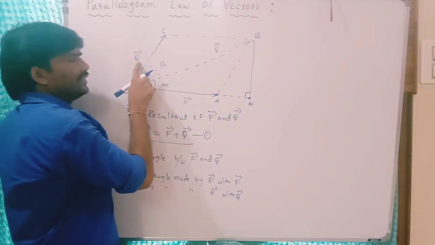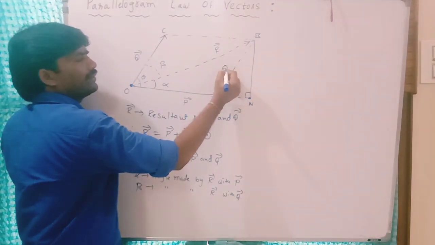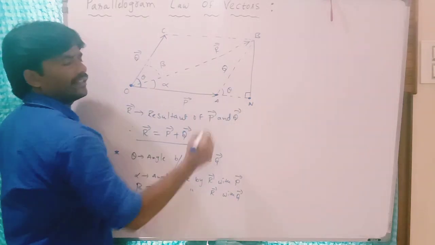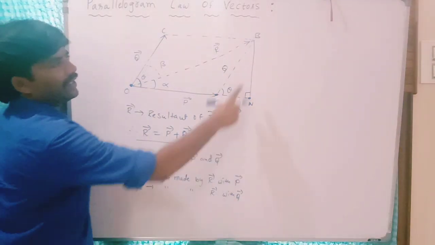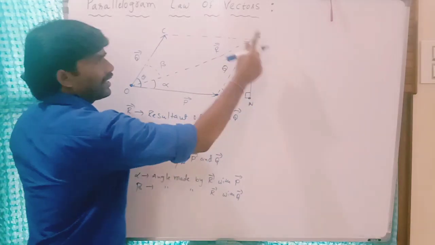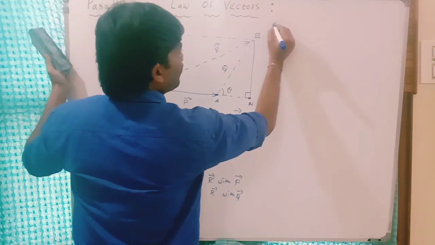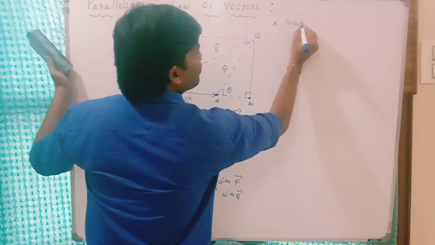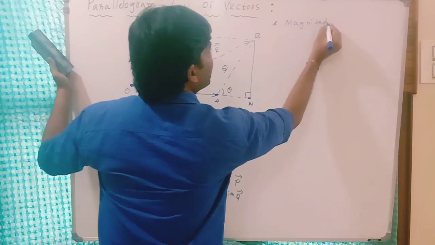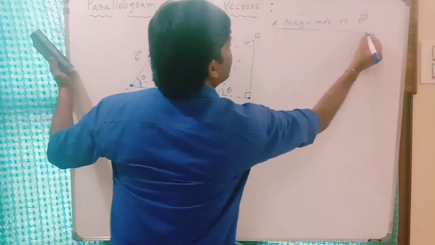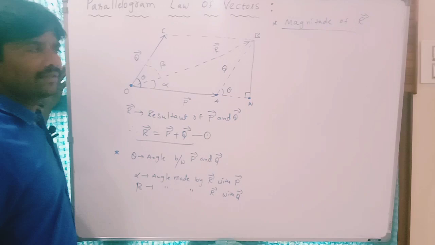If this side is Q, the opposite side is also Q, this angle is theta, and this is also the same angle theta. Now you can see there is a right angle triangle. First I will derive the equation for the magnitude of this resultant, the magnitude of R.